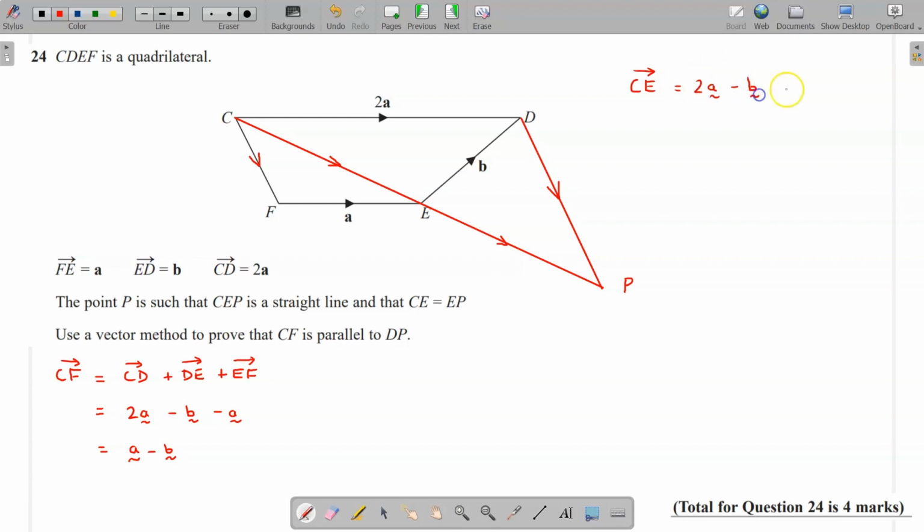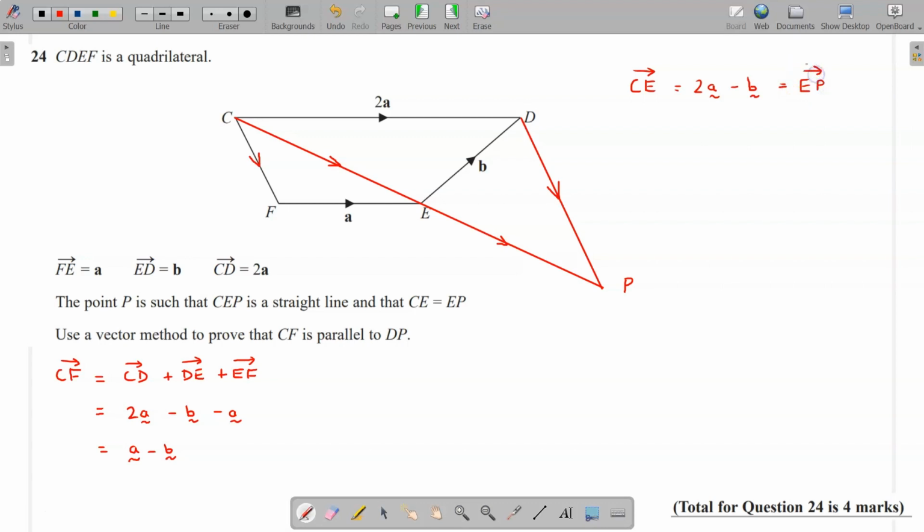And because EP is on the same line and it's the same length as CE, we can also say that that's equal to the vector EP as well. They're both equal vectors.